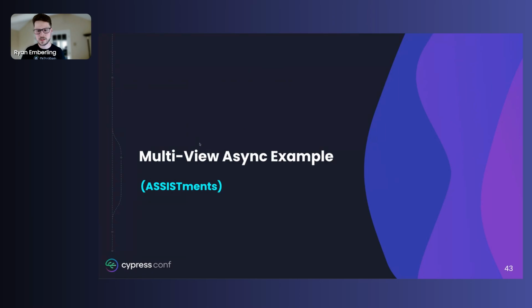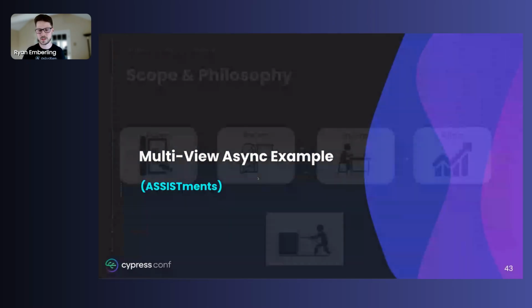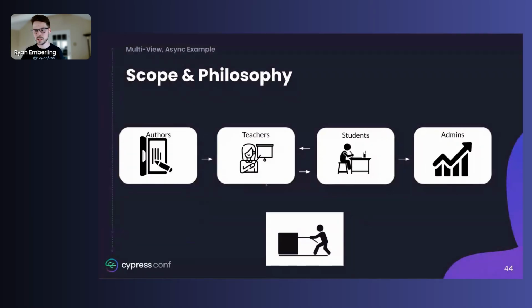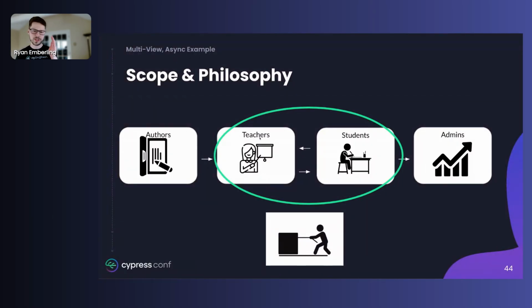Now, in contrast, we also have a small handful of these multi-view asynchronous tests. And here, the general approach is we're going to test the teacher experience and the student experience in a single flow. We have far fewer of these because we basically use it as a smoke test. Our assertion that the most business critical functionality is working end to end.